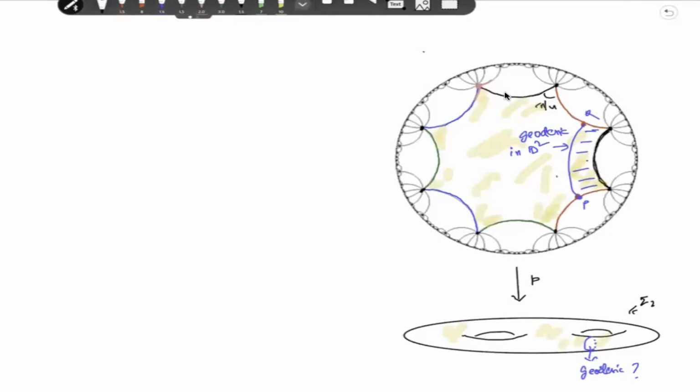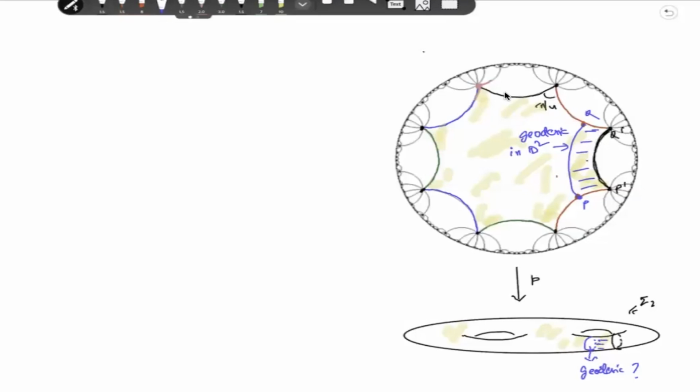This black geodesic is also a geodesic in the disk D2. If I project it down, let us call its endpoints P prime and Q prime, we will get this black simple closed curve. So this blue simple closed curve is homotopic to this black simple closed curve. That part is clear.